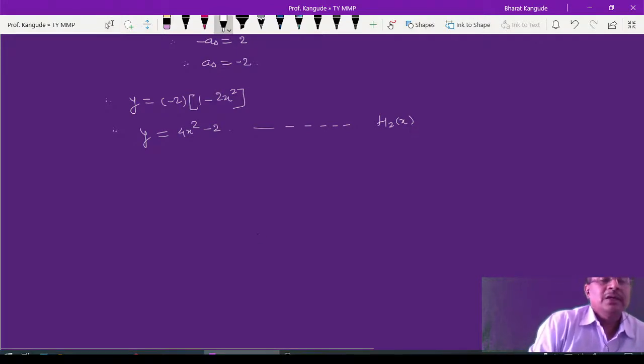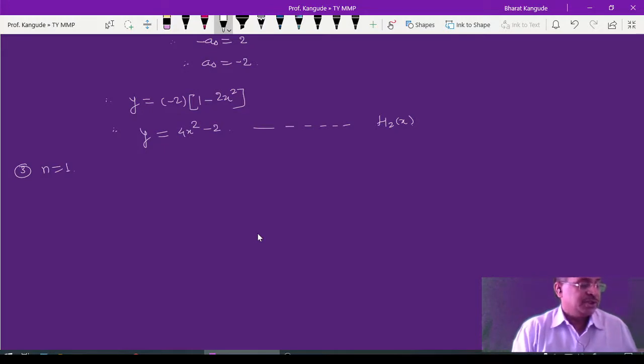Now just calculate for n equal to 1. Just check what was our equation for y.